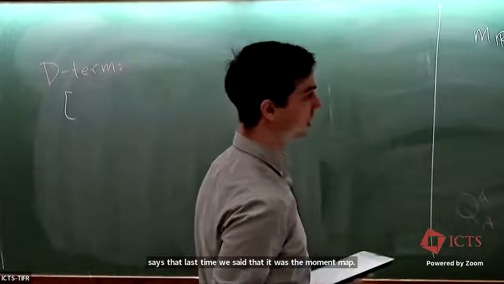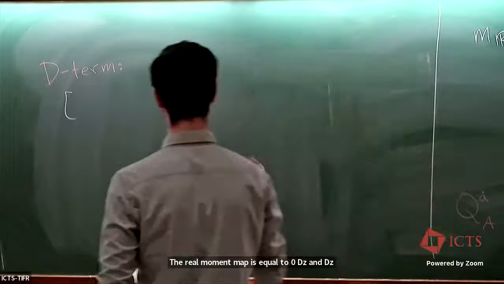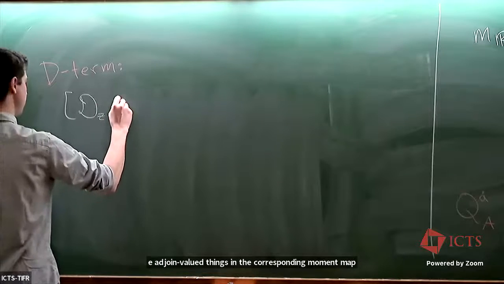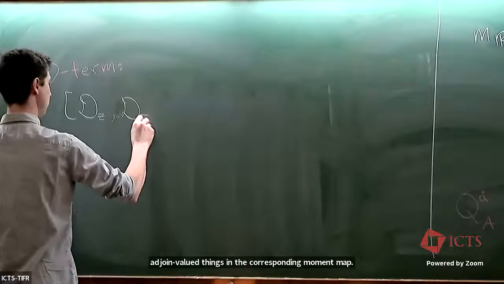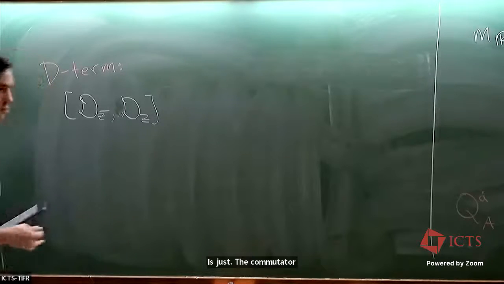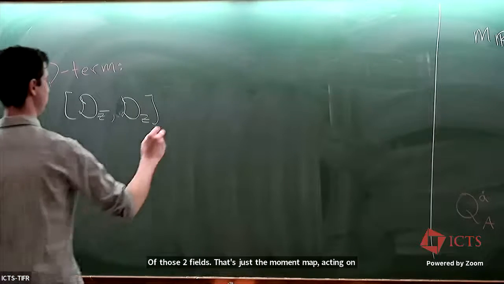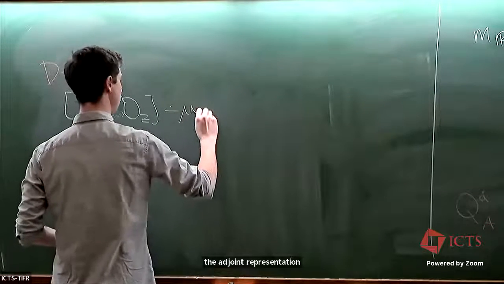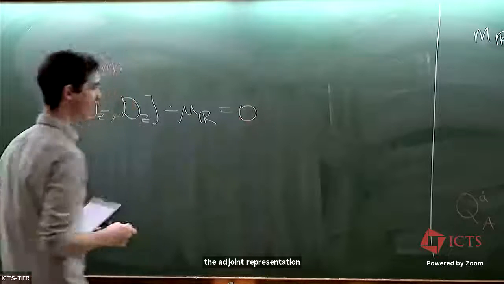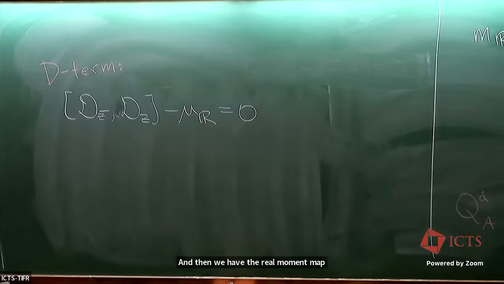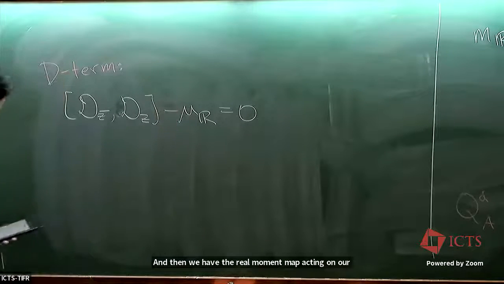D_z and D_z bar are adjoint valued things, and the corresponding moment map is just the commutator of those two fields. That's just the moment map acting on the adjoint representation. And then we have the real moment map acting on our fields x and y, and that equals 0.